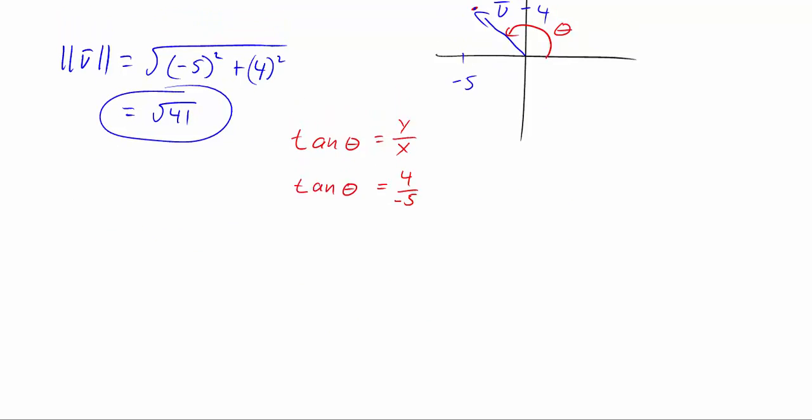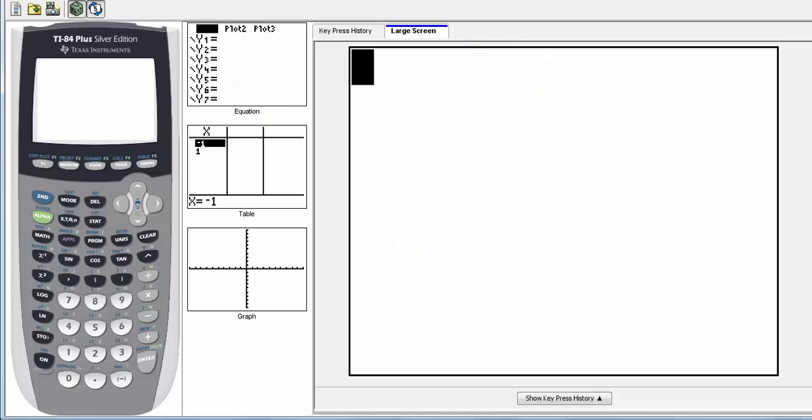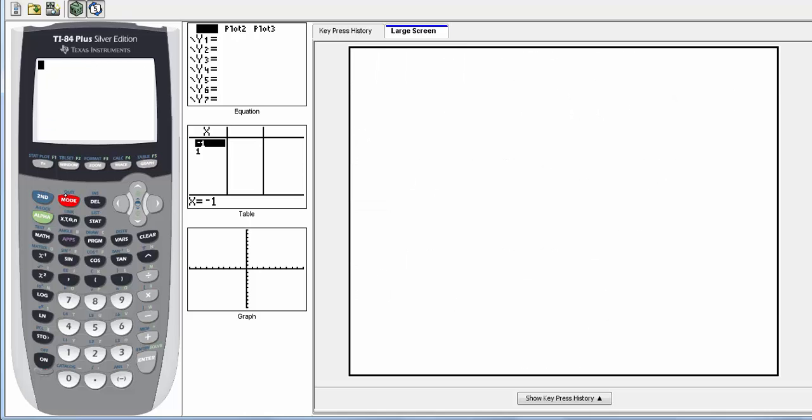If we're trying to solve for theta, that means we would have to use the inverse tangent of negative 4 over 5. And here we could go to the calculator, and for this problem we'll stick with degrees. So if we go to the calculator and enter this in, make sure that you're in degree mode, and then go to second function tangent.